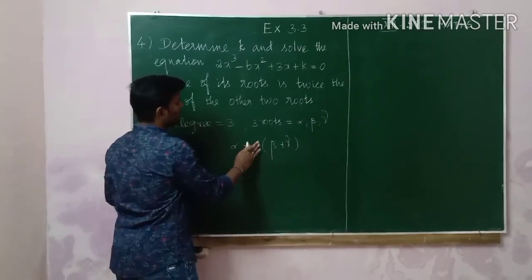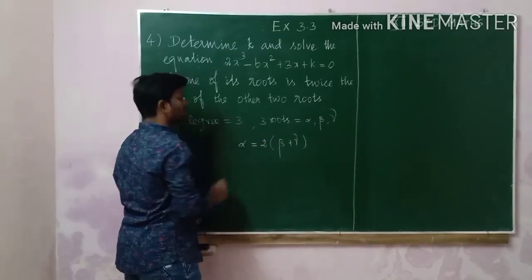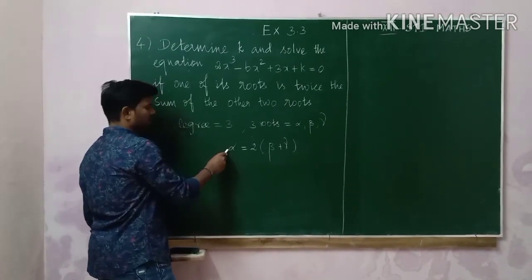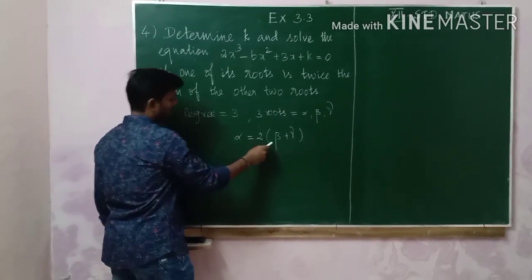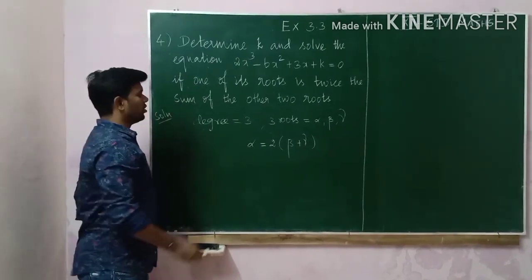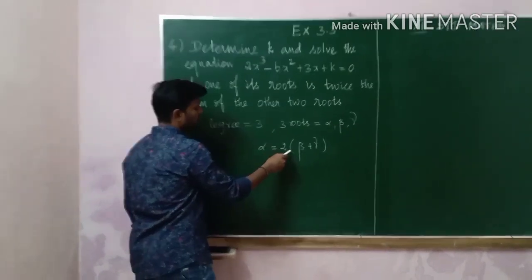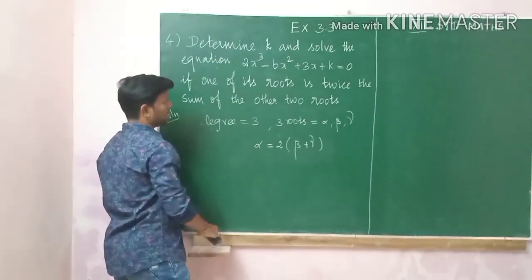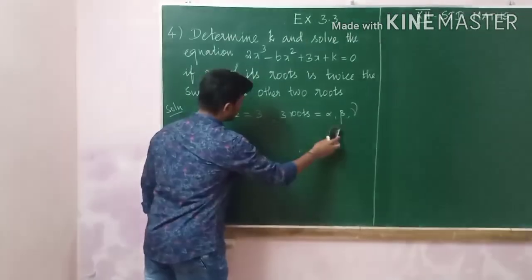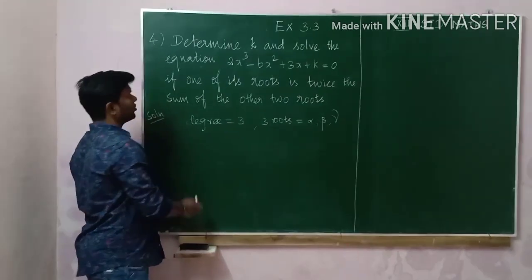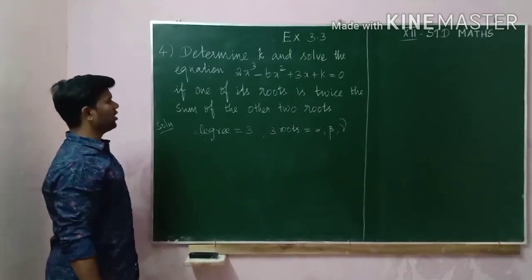Beta plus gamma. Twice means you just multiply by 2. So the clue is alpha is equal to 2 times beta plus gamma. So from this clue we have to find the value of k. Also we have to solve the cubic equation.